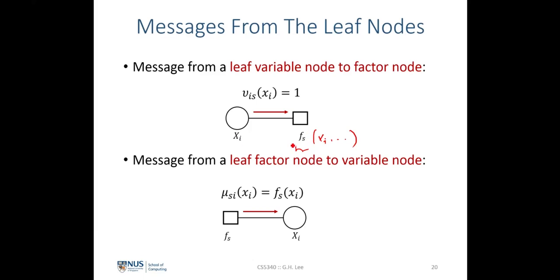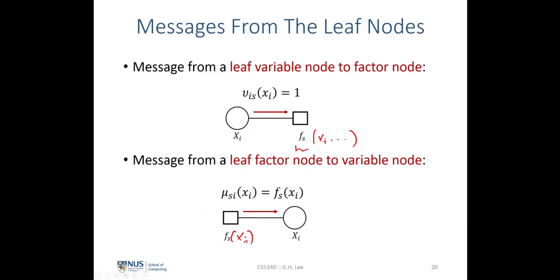And when we are passing a message from a leaf factor node to a random variable node, as shown in this figure, then we will directly write the message as the factor itself. There's no need to do any form of marginalization, since this particular factor node would only consist of xi, and it does not consist of any other random variable from its neighbors, because it only has one neighbor, which is xi itself.